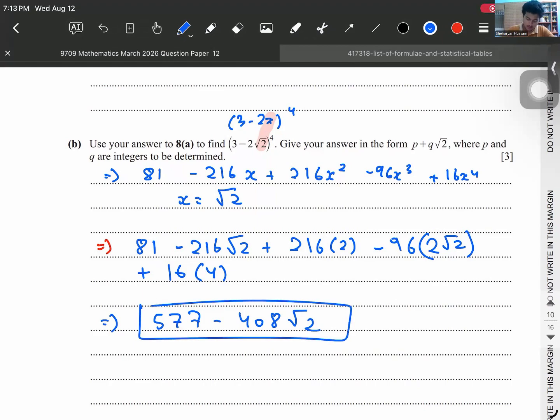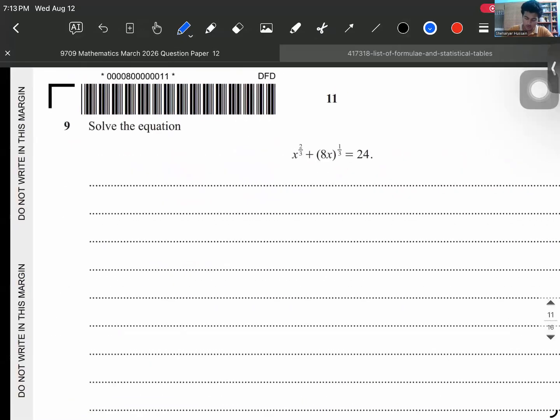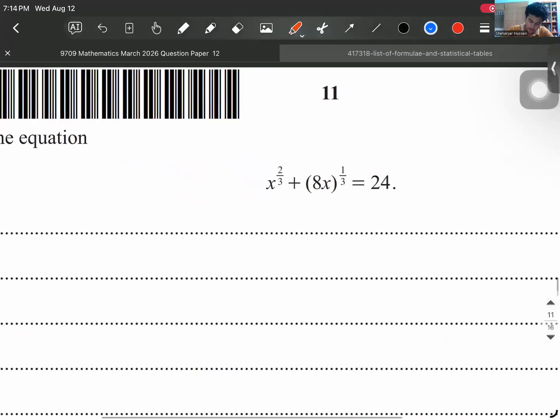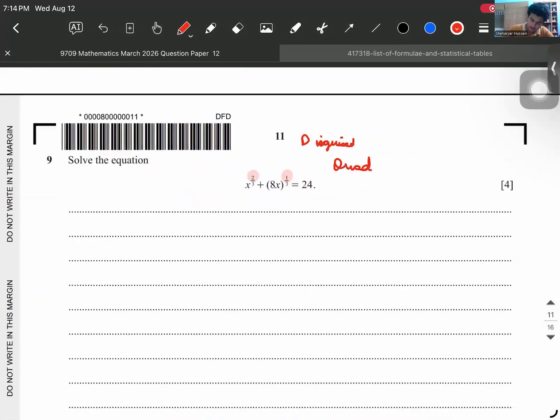Okay. All right. Now moving on to question number 9. They want us to solve this equation. If you look closely, the ratio of their powers is just 2:1. This is called disguised quadratics. So what we are going to do here is assume that t equals x to the power of 1/3. Right.